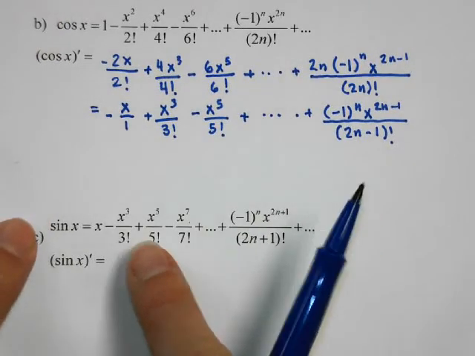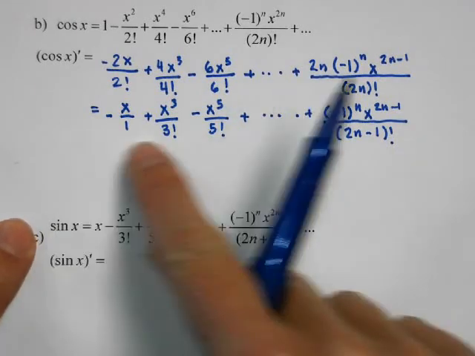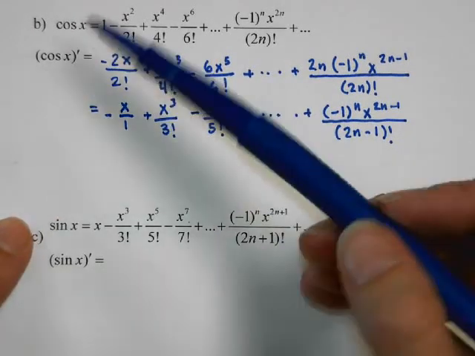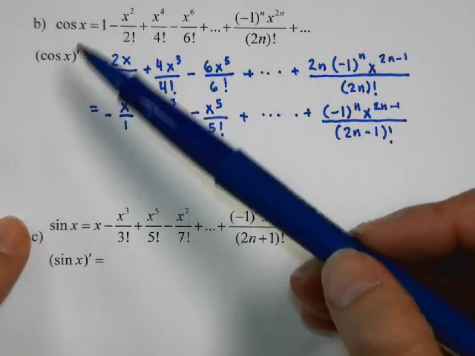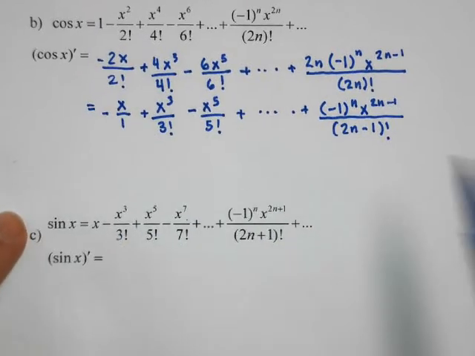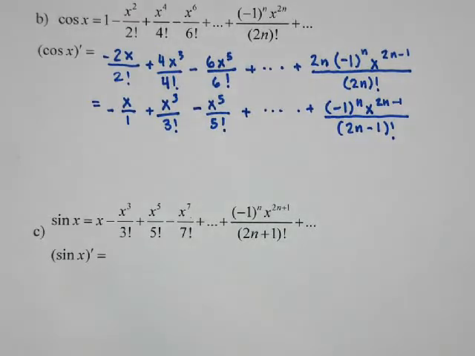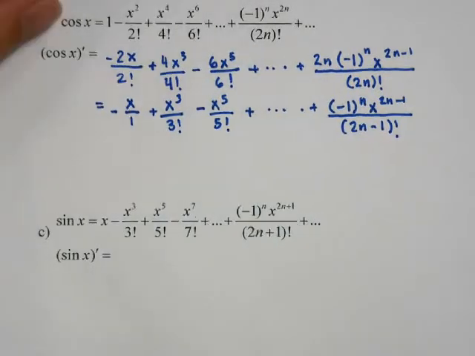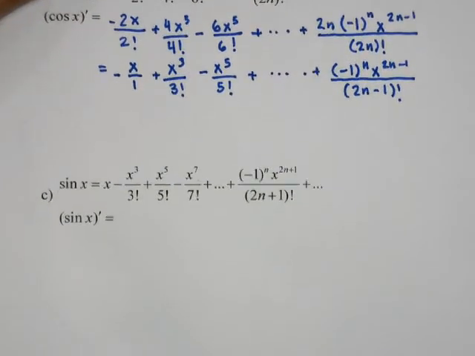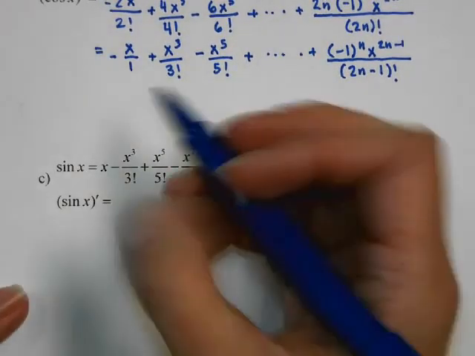And here's what sine is equal to. If you notice, this and this are opposites, which match. If I take the derivative of cosine, I get negative sine, so that's opposite. Don't worry about where these series are coming from. We're just looking at some connections here. So we can do the same thing with sine.